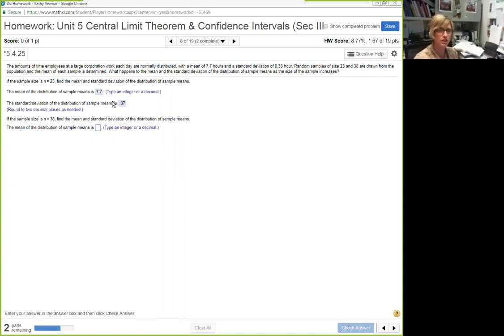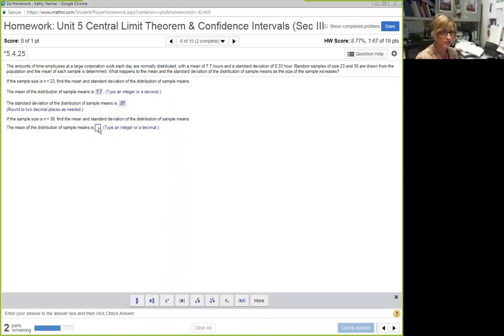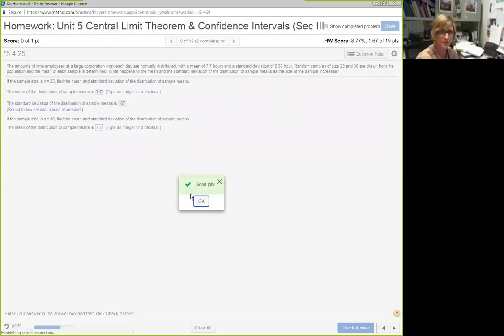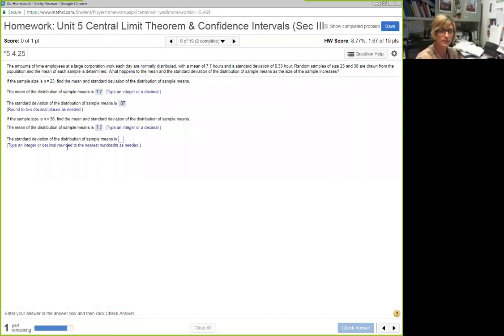So I took my standard deviation of 0.33 and divided it by the square root of n. So in this case, if I go to n being 38, what do you think is going to happen to the mean? Nothing. We should still be able to enter 7.7. What's going to change is the standard deviation.